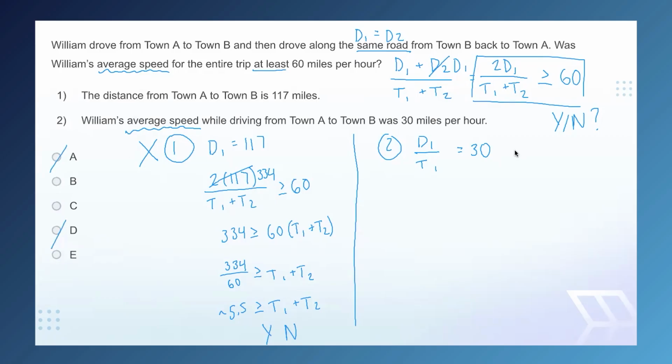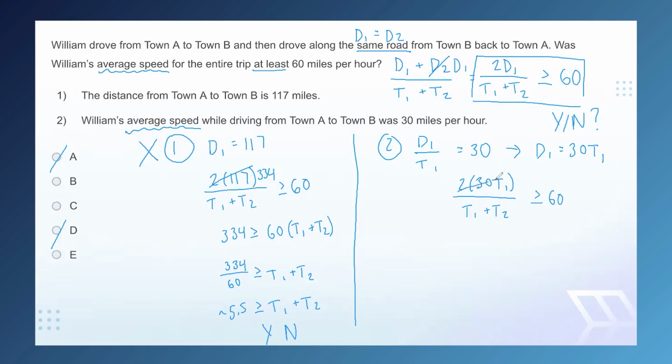Okay, let's check statement 2 on its own. All right, working with this ratio, I can rearrange by multiplying by T1 on both sides to get D1 equals 30 times T1. All right, plugging that into my inequality, I'm going to get 2 times 30 times T1 over T1 plus T2 is greater than or equal to 60.